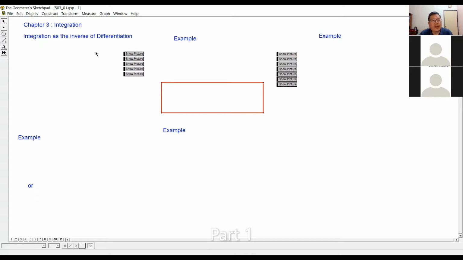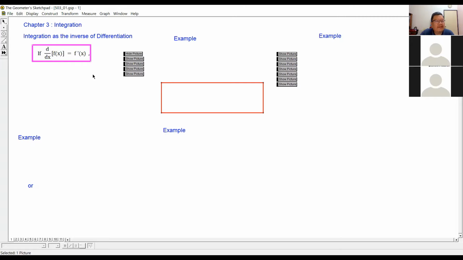We're going to do a new topic that is integration. Now, in order to know what integration is, I will show you this. Integration is actually the reverse of differentiation, or the inverse of differentiation.